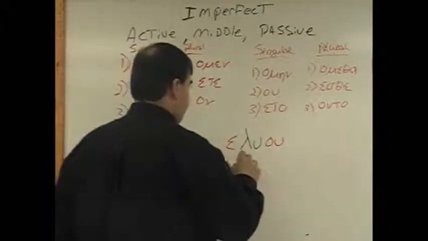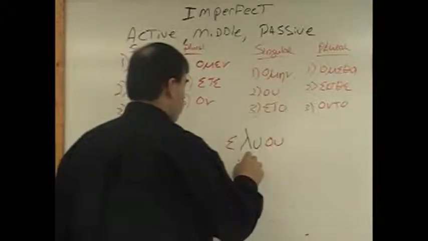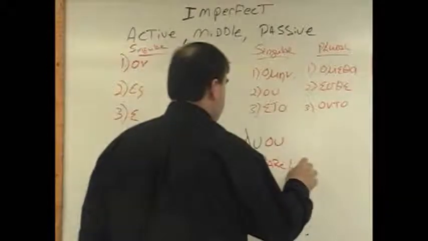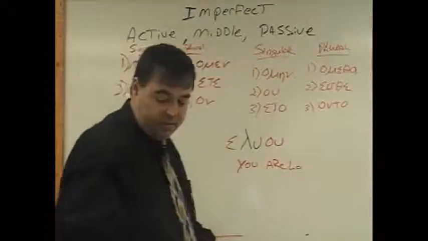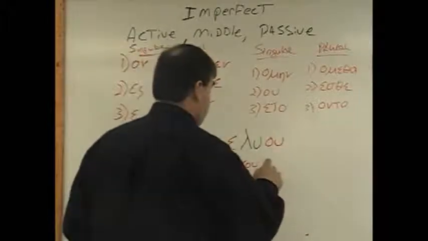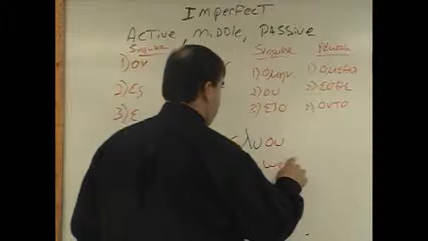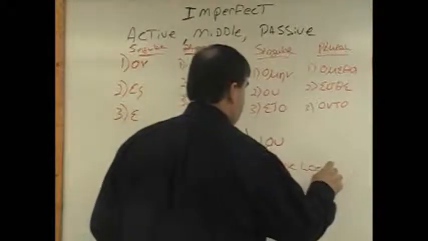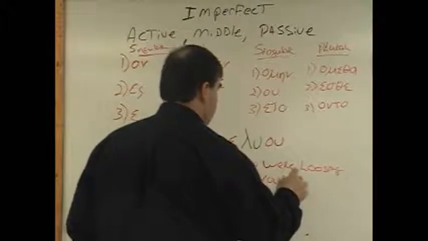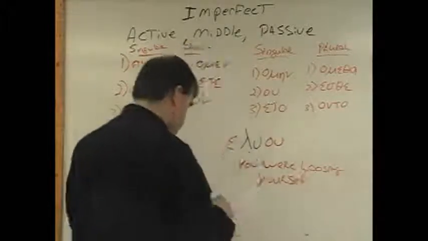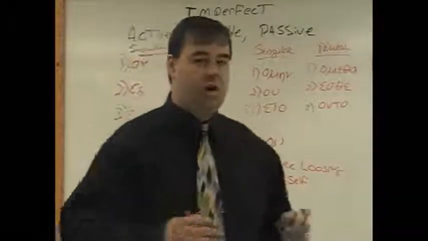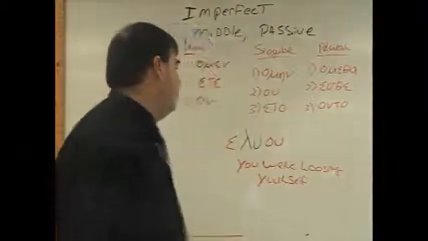And that would be, we're going to do it middle, you are loosing, whoops, that would be present, got to back up here, got to keep the thought train, you were loosing yourself. I realize that may not make a lot of sense in the way, but you understand, we're just working with words, trying to understand what they mean.